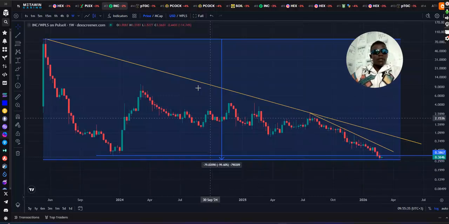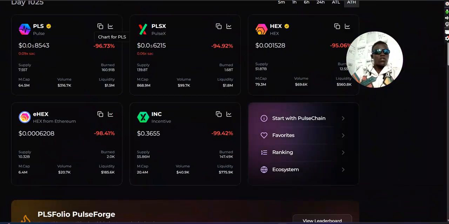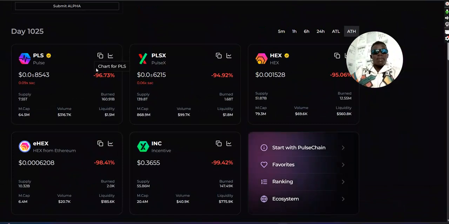Now, what are we seeing here? This is the weekly chart, and you can see the week has started with a green candle. So we are waiting to see how this is going to happen. Today we are at day 1025 since PulseChain was launched, and when it was launched, it came with PulseX and the incentive token.